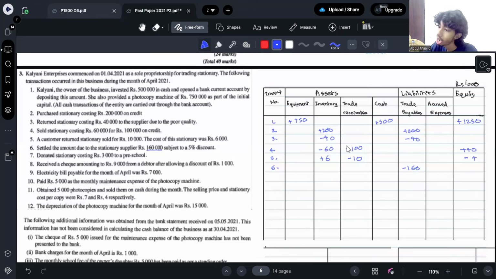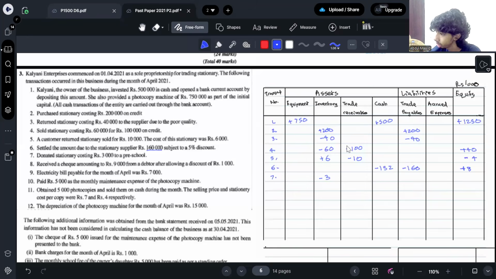Out of that settled amount, we are getting 5% as discount. 5 divided by 100 into 160, discount is 8,000. So equity plus 8,000 discount received. It's the income. Then 160 minus 8, you're supposed to pay in cash the remaining 152. Cash minus 152.